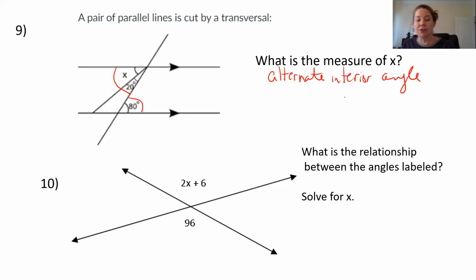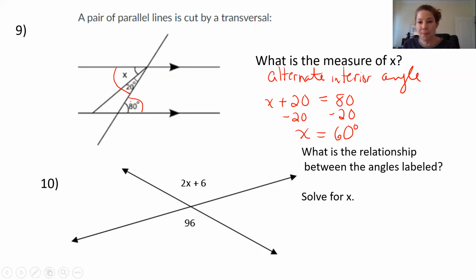And since alternate interior angles are equal, that means that angles X plus 20 must be equal to 80 degrees. So to solve for X, we would subtract 20 and we would say that angle X is 60 degrees. This angle is 20 degrees and that's equal to 80 degrees.